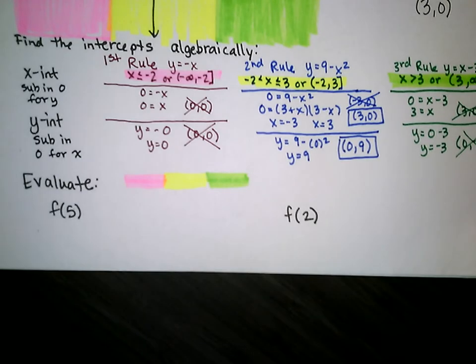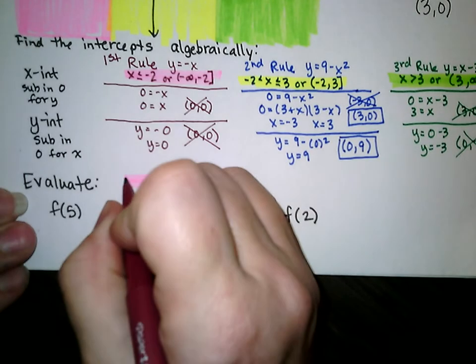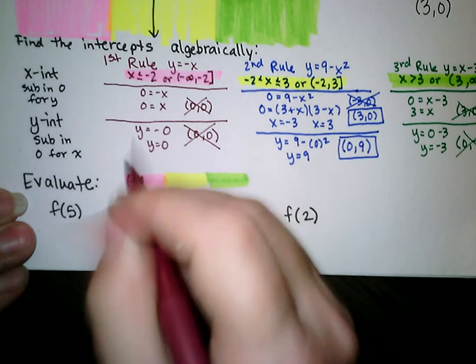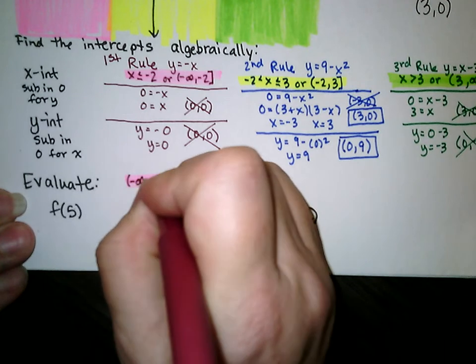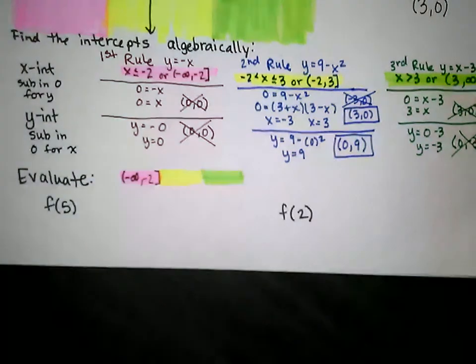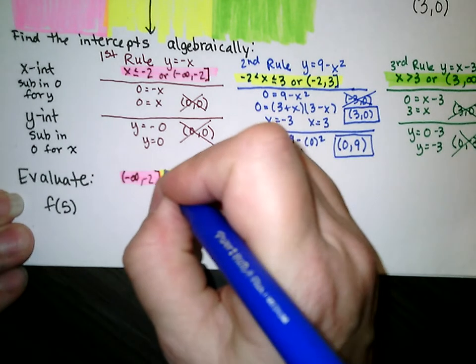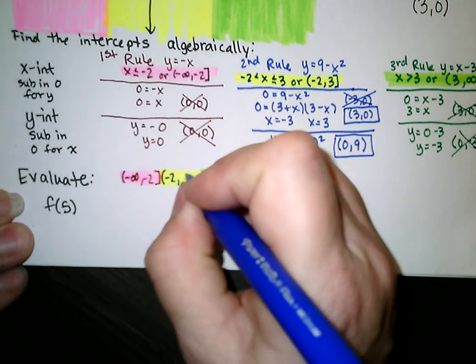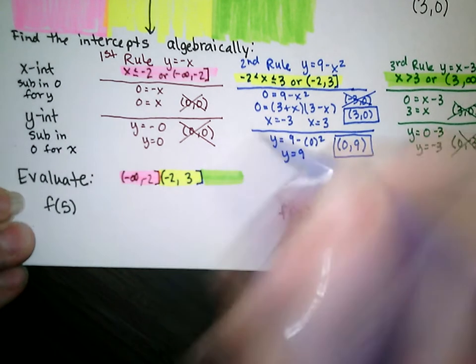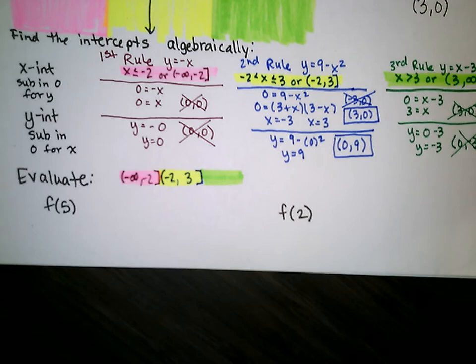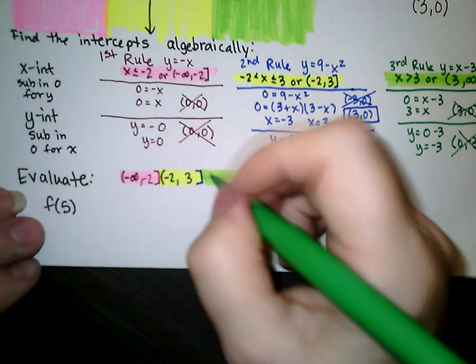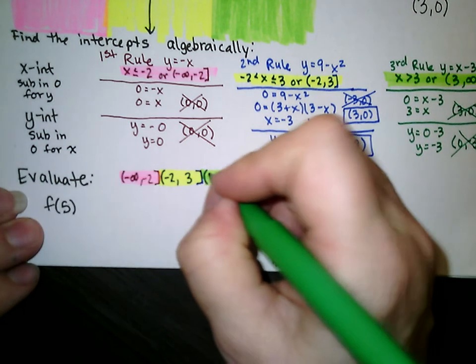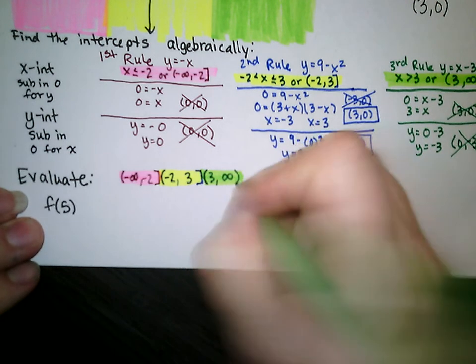Our first zone went from -infinity to -2, and it included -2. Our second zone went from -2, but didn't include -2, over to 3 and included 3. And then our third zone went from 3, but didn't include 3, over to infinity.